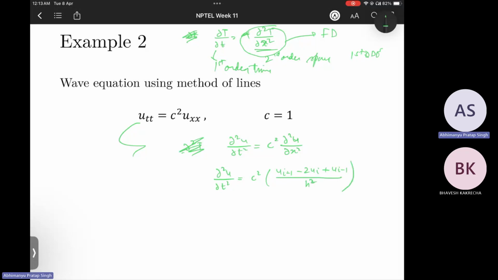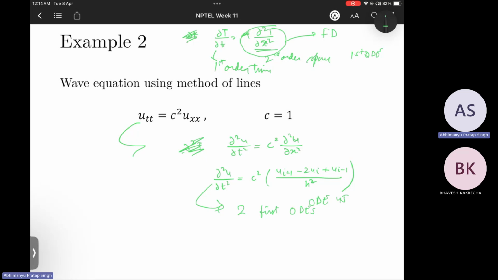So now I have a second order ODE in time, right? To solve this using ODE45, I need to convert this into two first order ODEs.